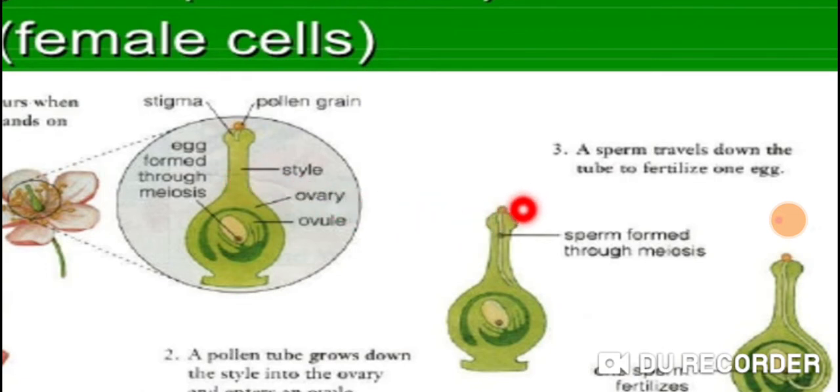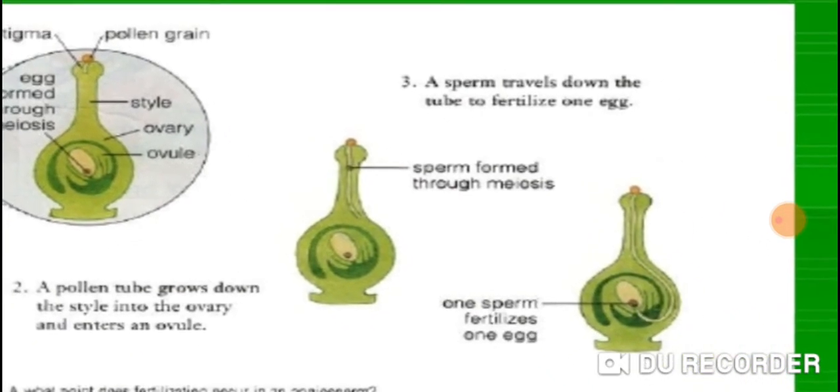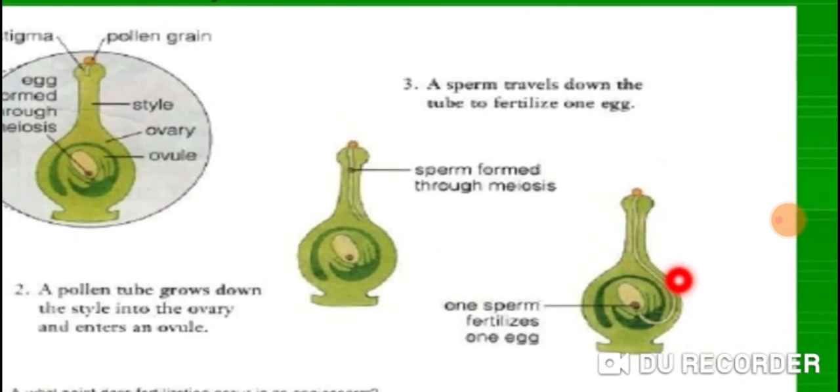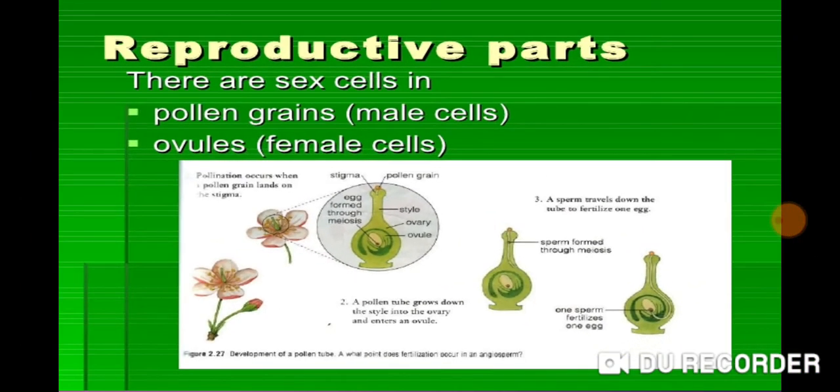This is how they move in, and then it is fertilized with the help of an egg. This is known as the reproductive part, and this is how the pollen grains and ovules combine.